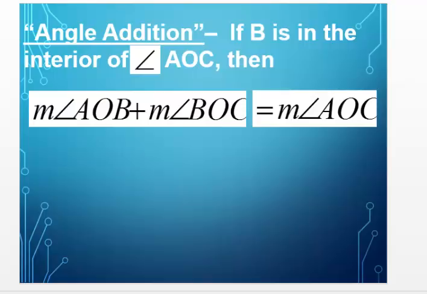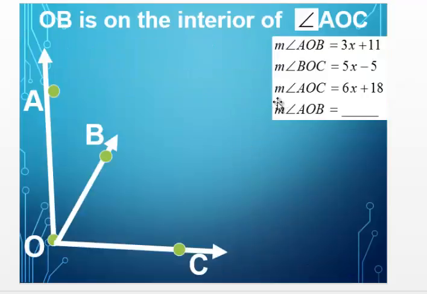Angle addition says that if you have an angle AOC, so we have this larger angle AOC, and I have OB that cuts in the middle of it. If I add the small angle AOB to this small angle BOC, it will equal the entire angle. So let's look at an example of that.